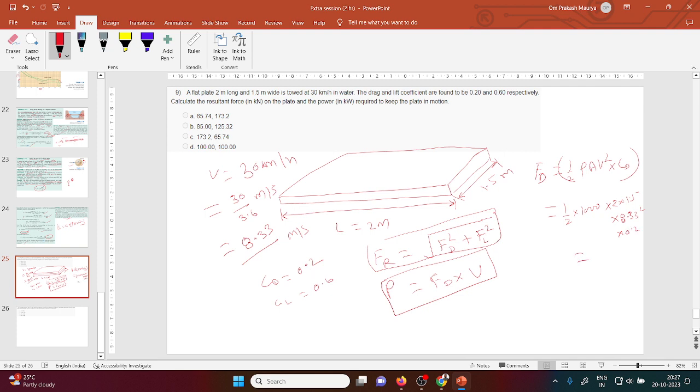How much will you get? You will get 20.816 kilonewton, right? Similarly, FL you will get, only you need to change the coefficient.